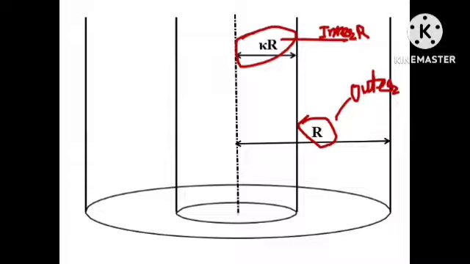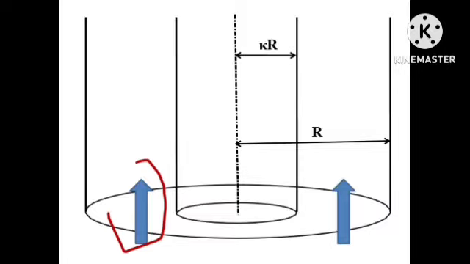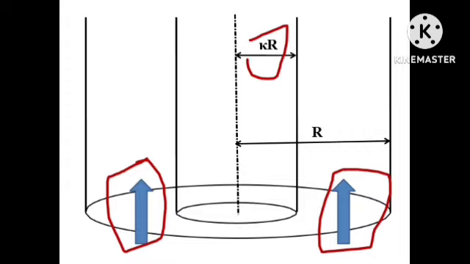Now you know that in the previous slide we had seen that it is moving from downward to upward direction. Here it is downward to upward direction, and this is for the inner radius and this is for the outer radius.